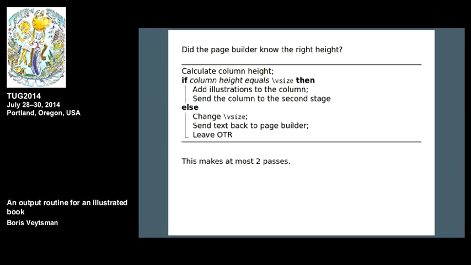If they're equal, it means that I'm on the second pass, because I already changed vsize, and it means that the page builder knows the right vsize. So I can actually put my illustrations, I can put my text here, I can output this without problem. The only neat trick, the only thing I needed to invent, was this part of the OTR. Everything else was easy.